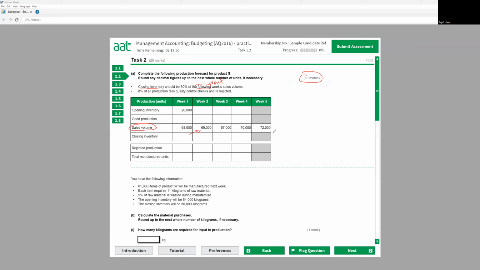So we do 69,000 times 30%, and that gives us 20,700. So this is my closing inventory.